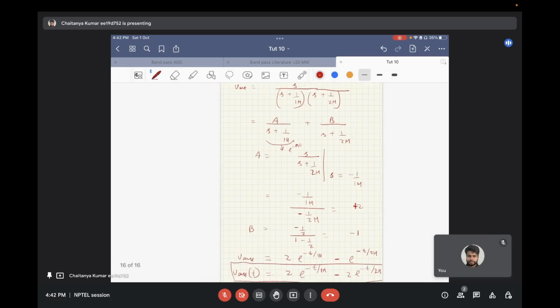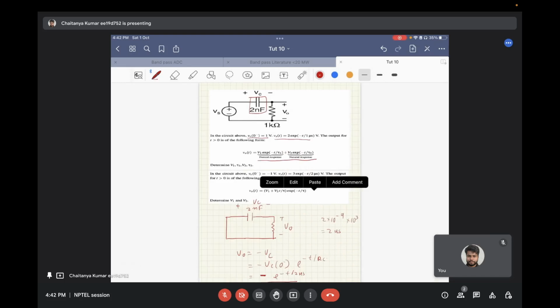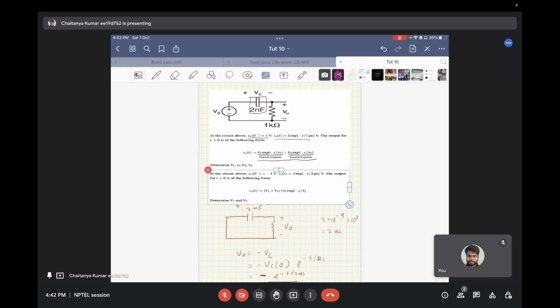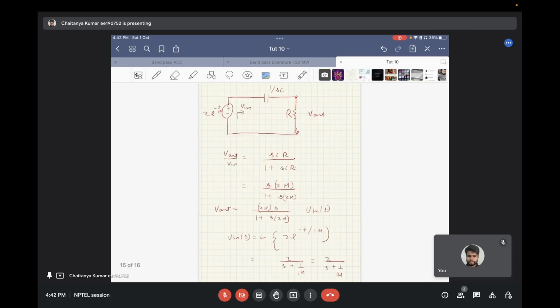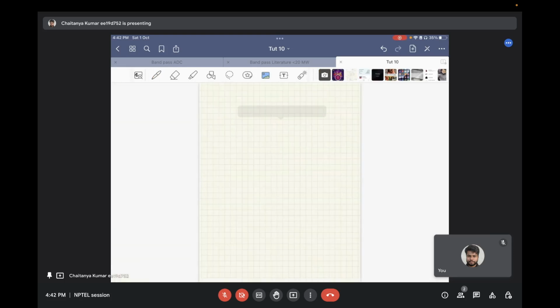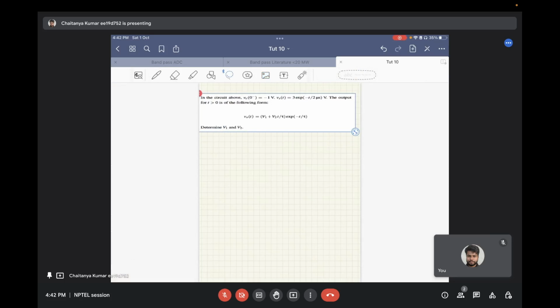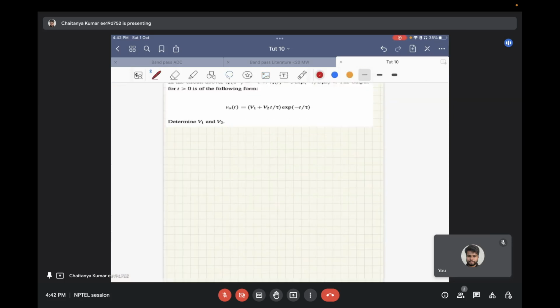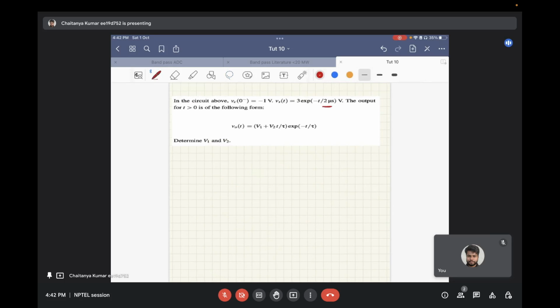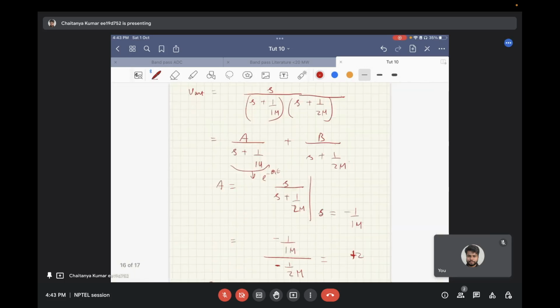Now the second part of this. In the second part, you notice that the input also has the same time constant as that of the system.